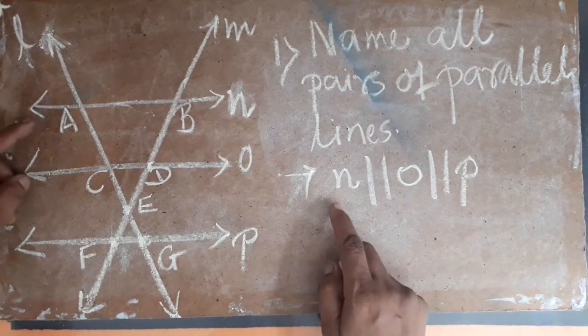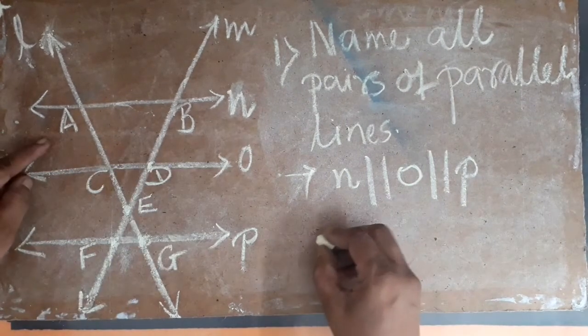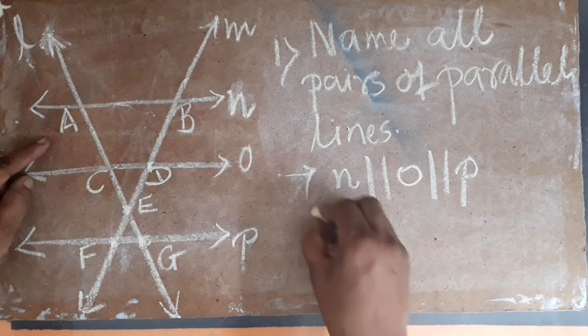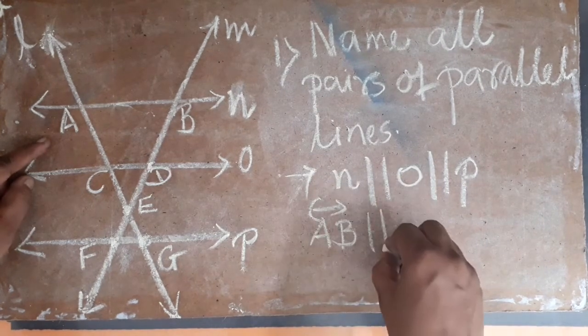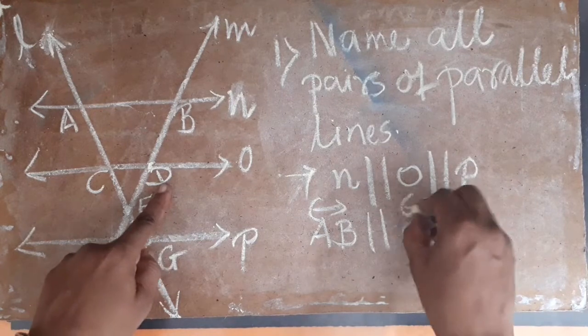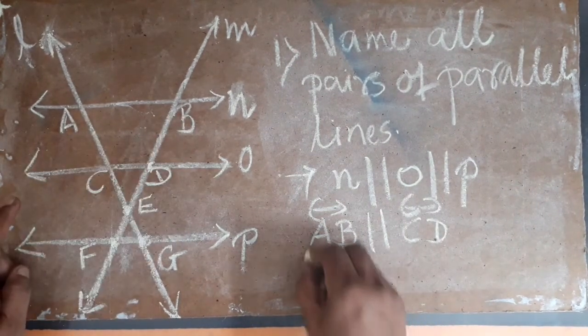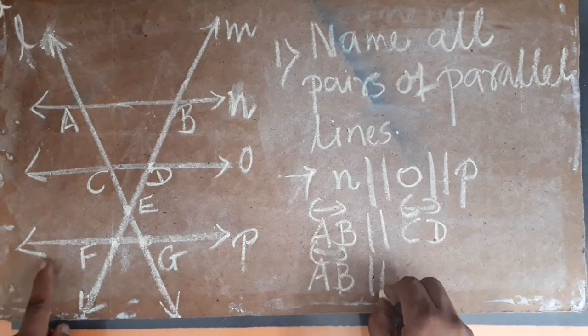Now I can write line AB is parallel to line CD. I can also write line AB is parallel to line FG.